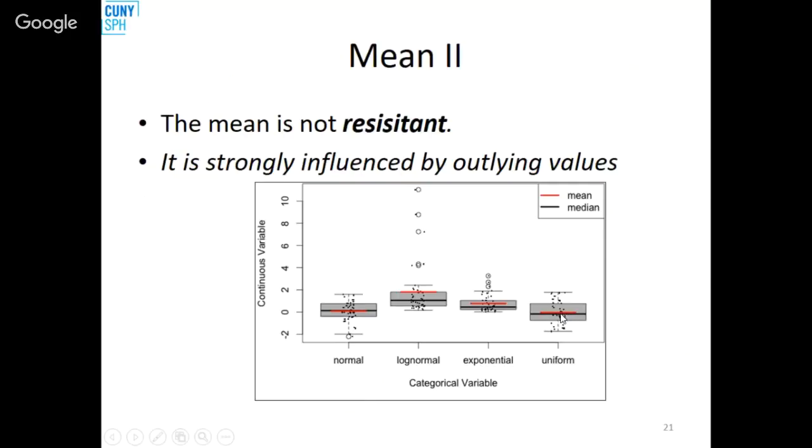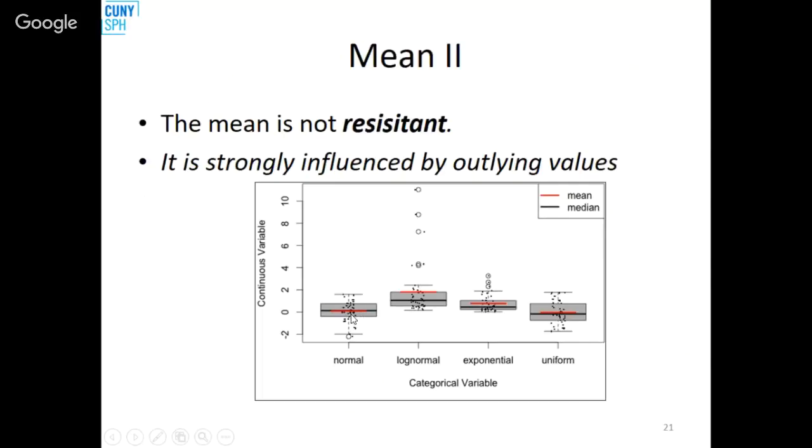Certainly there are in practice things that are uniform distributions. But the point here is, on top of each of these box plots, I put in red the mean.